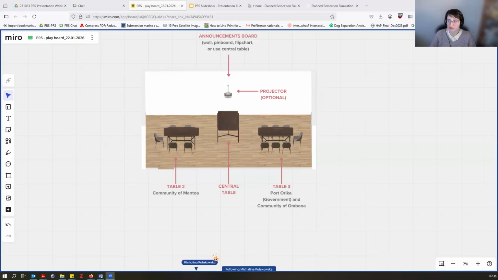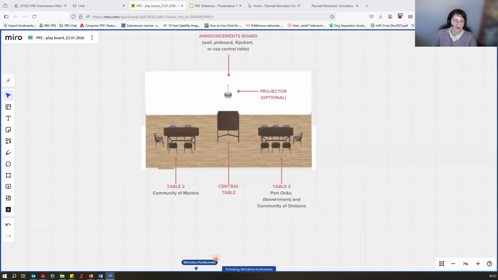This is a simulation. So when inviting the participants, it's good to let them know exactly what will be expected of them, so that they are not too surprised when they come in.